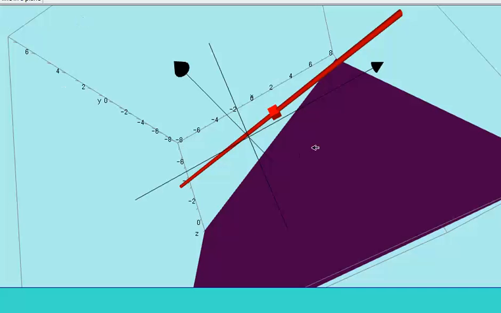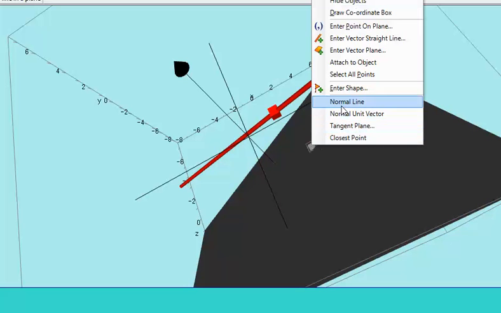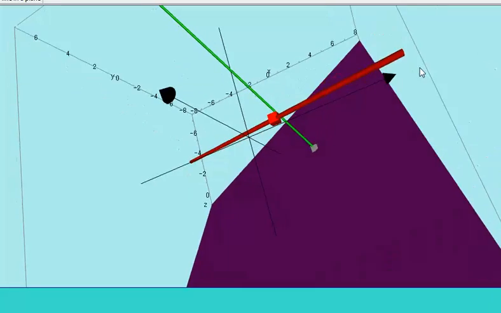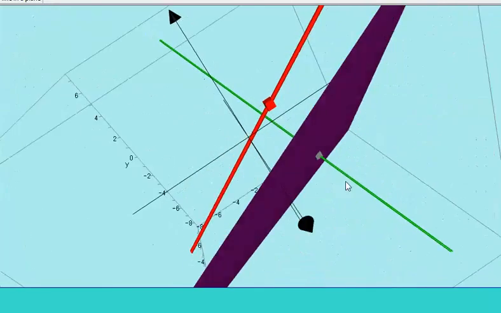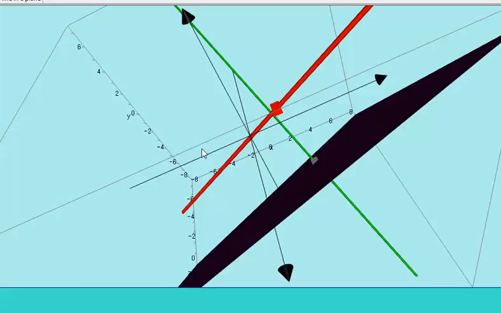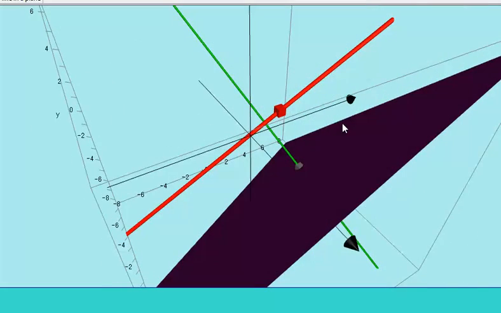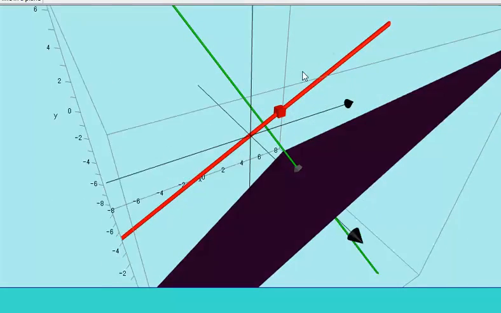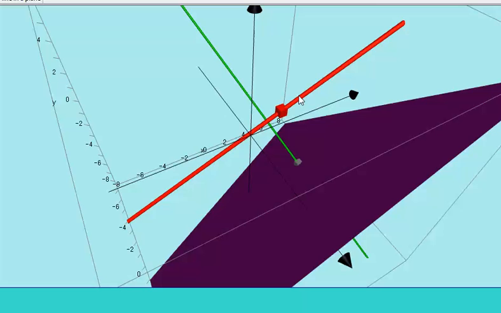Well, let's just have a look at a normal on here. So that's a point on the plane, and let me draw a normal line to that plane. So what can we say about the normal to the plane and the line? Well, hopefully you'll see there that those 2 lines are perpendicular to one another, and that's the trick to being able to do this.